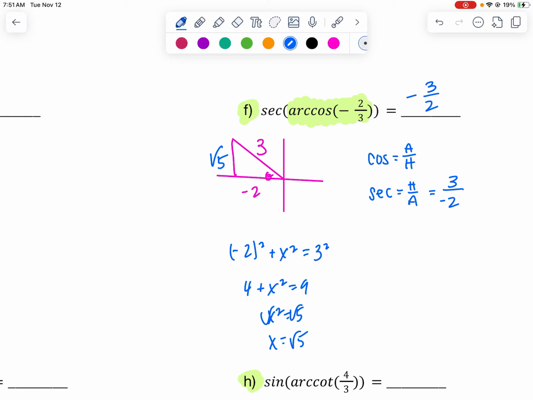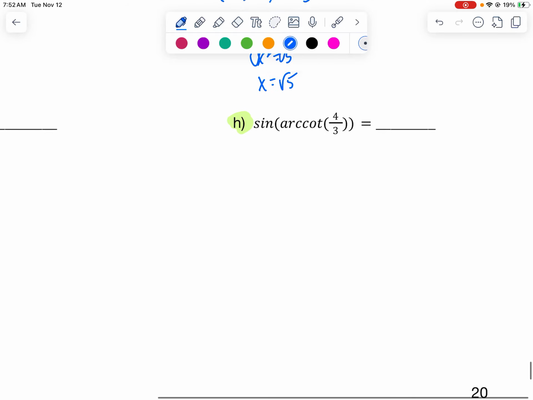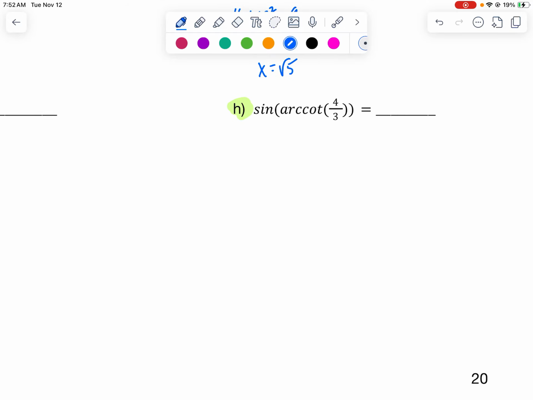Okay. And the last one we'll do together is part H, where we're talking about sine of the arc cotangent of 4/3. Again, we have to evaluate this guy right here. Cotangent is just the inverse of tangent, so we have to think in terms of tangent. Okay, so this one, since it's a positive 4/3, we're going to be in quadrant 1 if we're thinking of tangent.